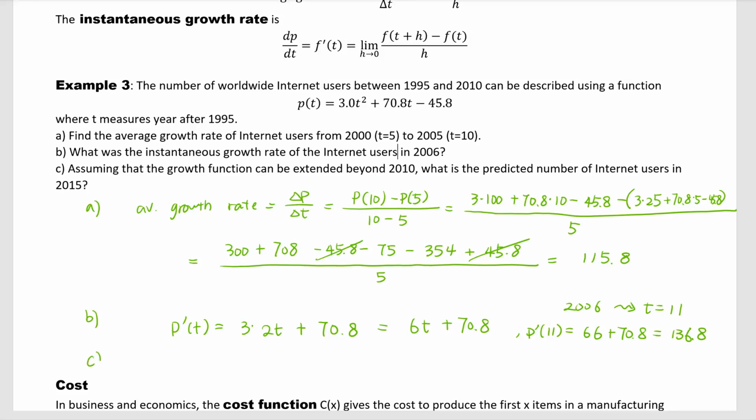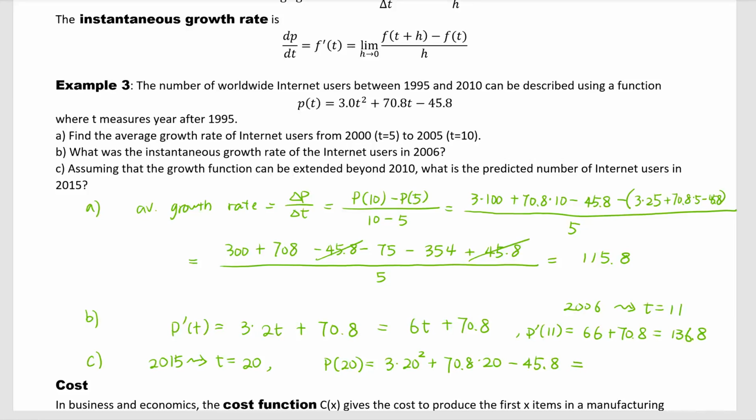And part C, what is the predicted number of internet users in 2015? So 2015 corresponds to T equals what? 15? 20. So we put 20 into our population. So we have 3 times 20 squared plus 70.8 times 20 minus 45.8.